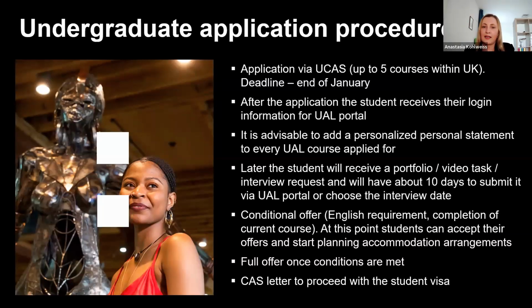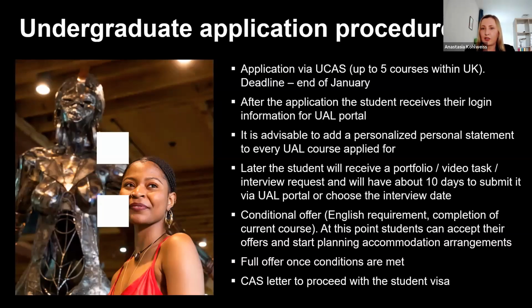I am here in case you or your students have any questions about any particular courses, or if they are not sure what to choose, you can always get in touch with me and we can talk more about it in more details and exactly with regards to a particular student.